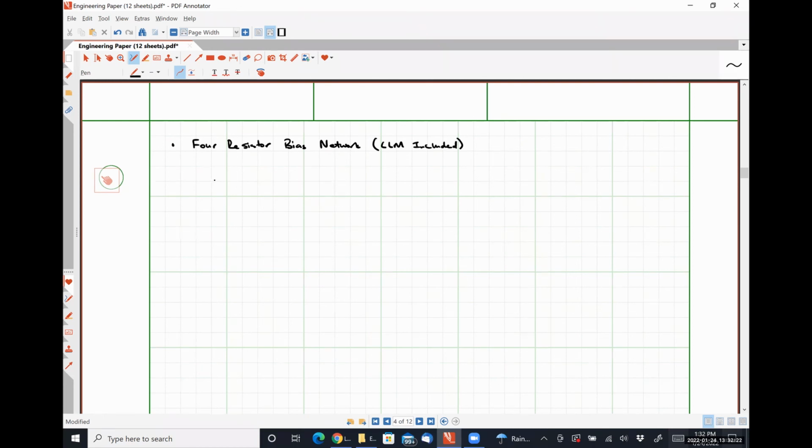But with channel length modulation included, we know that our drain current equation changes slightly. We're going to have 1/2 mu n C ox W over L (VGS minus VTH) squared (1 plus lambda VDS), or 1/2 Kn (VGS minus VTH) squared (1 plus lambda VDS).